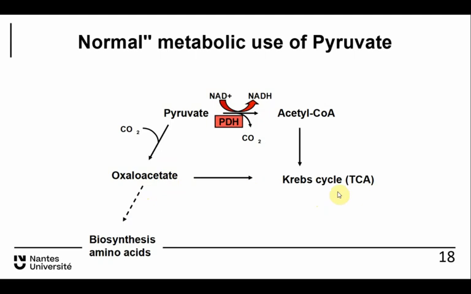So facultative anaerobes that can metabolize glucose by respiration and also by fermentation, they will have the Krebs cycle, okay? And the Krebs cycle, well, it starts off with the combination of acetyl coenzyme A and oxaloacetate to give you citric acid, and then this citric acid will cycle around to oxaloacetate. So another use of pyruvate is to produce acetyl coenzyme A that feeds into the Krebs cycle.